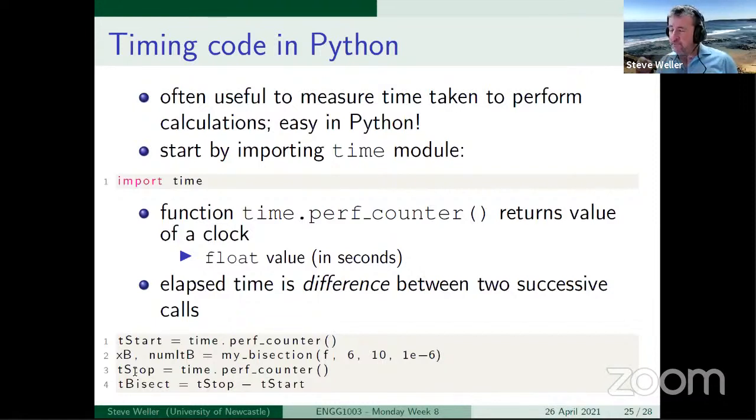So the amount of time it took to run the code by bisection is the difference between the stop value and the start value. And that's it. T_bisect is then a value in seconds of how long it took to run this code.